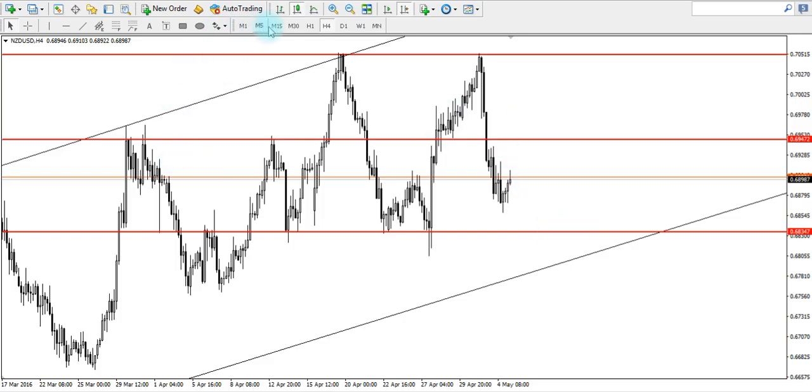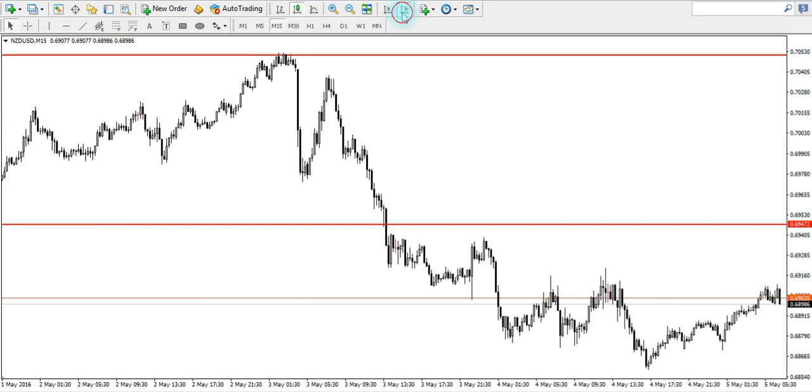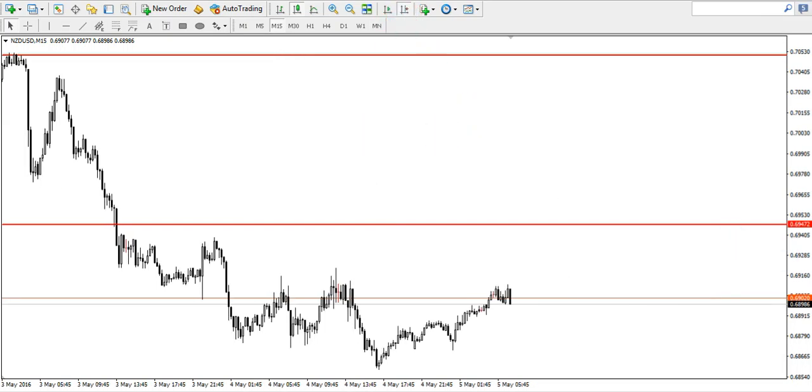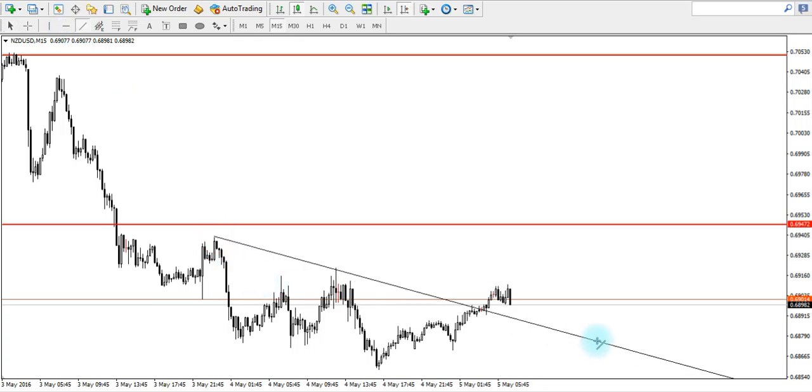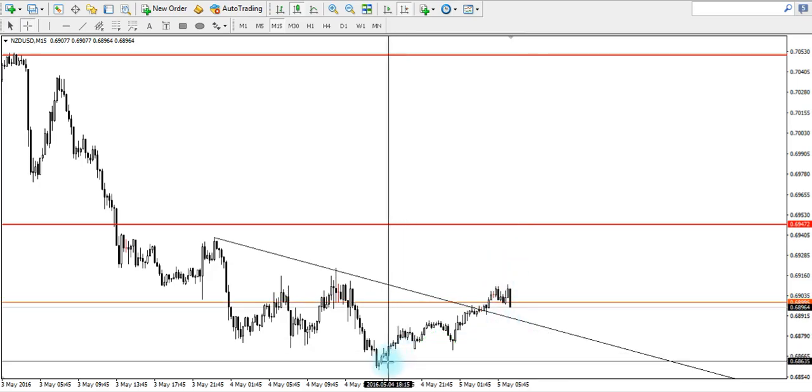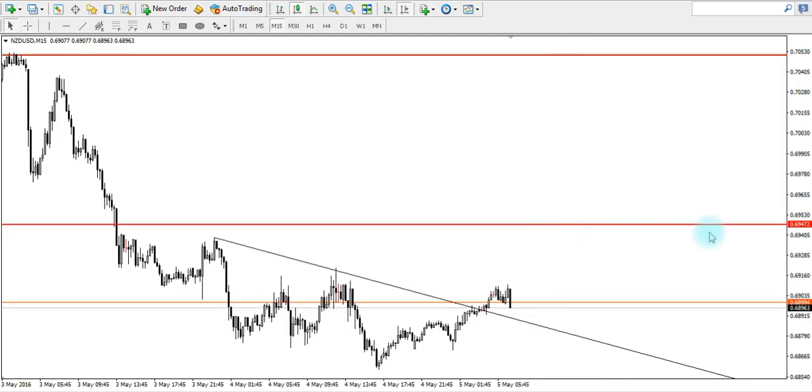So in the 15-minute charts, we have seen that the price has recently broken above a falling trend line, a very minor one. That signals the price may continue to appreciate towards the key resistance at 0.6947.